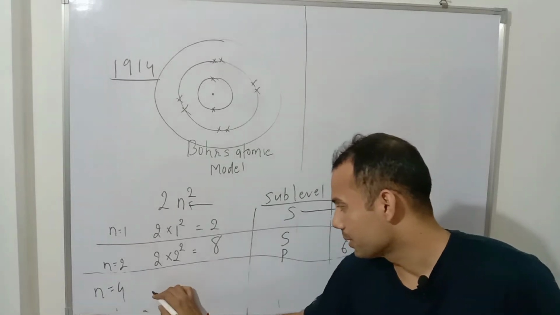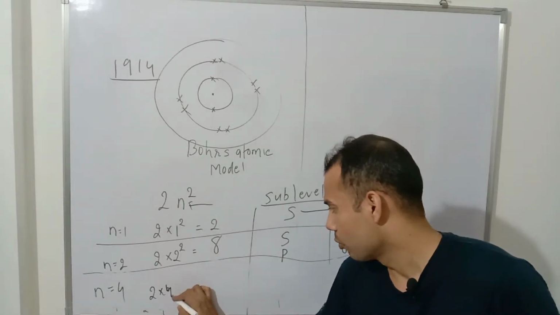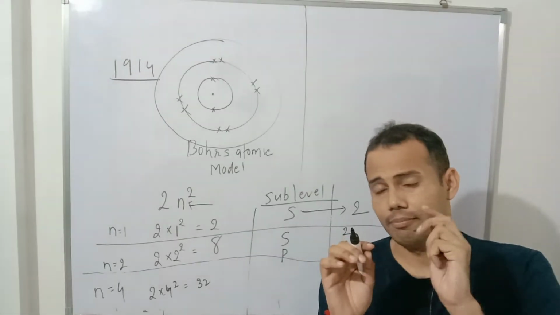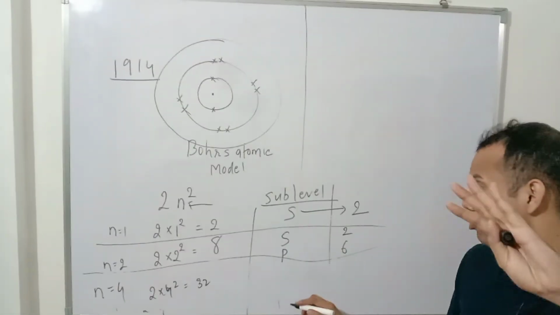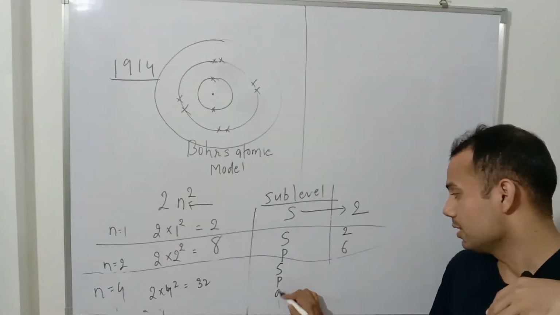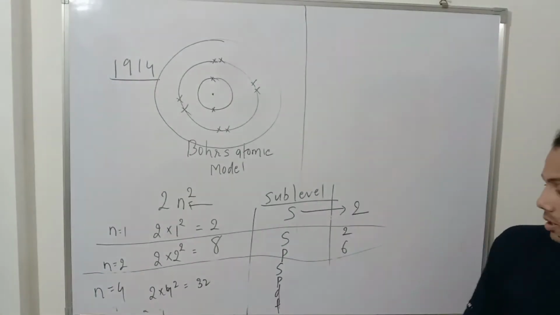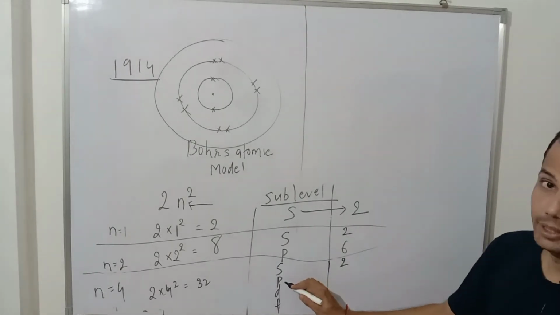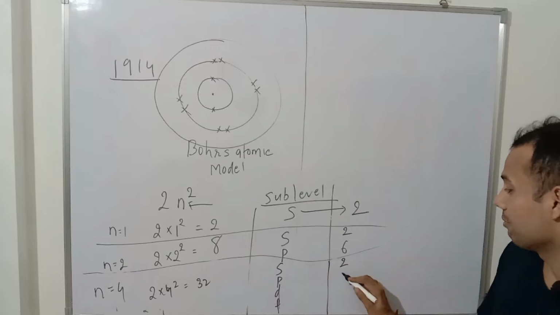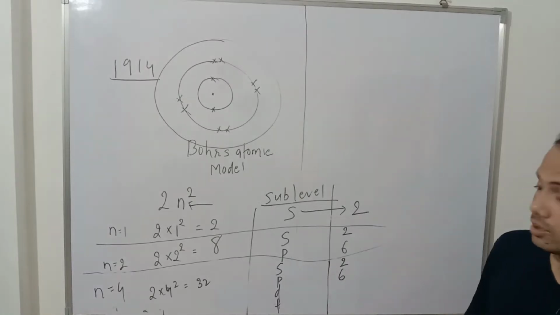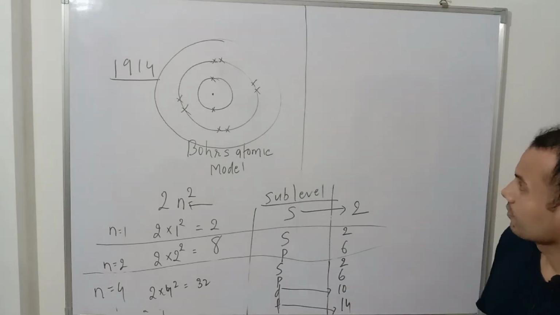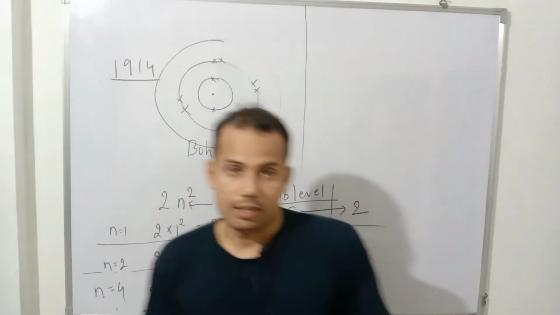As per this formula, it becomes 4 squared, which is 32, and because the energy level is 4, it can split into 4 sub-levels: S, P, D and F. Now the S orbital has 2 electrons, the P sub-level or orbital has 6 electrons, D has 10 and F has 14.